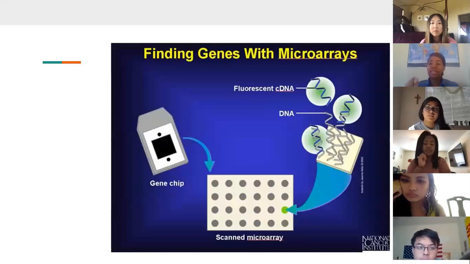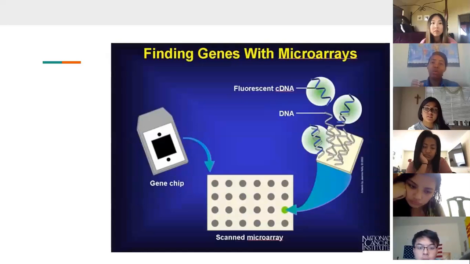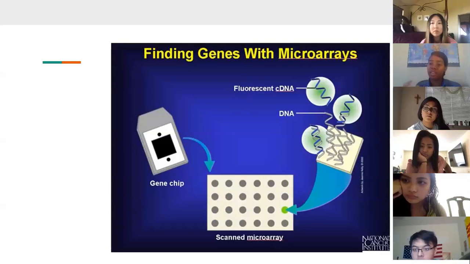Now, finding genes. What example would we want to think about when we say finding genes? This is really thinking more about a diagnostic, right? You have a sample and you're curious to explore that sample to determine what might be of interest biologically.